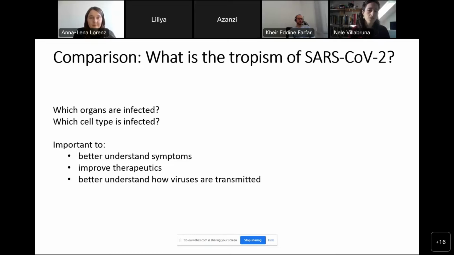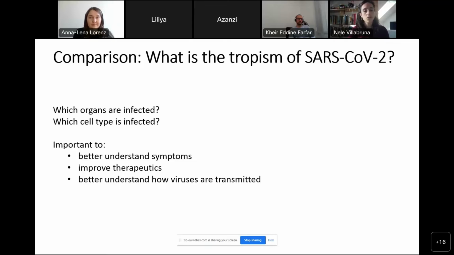If you think of SARS-CoV-2, we think of it mostly as infecting the lungs. And that means you also expect symptoms that are associated with the lungs, like coughing or pneumonia. But then if you see symptoms that are outside of the lung, for example, the brain, then you would need to know if this is because the brain is actually infected or if these symptoms are not correlated at all with the infection with this specific virus.